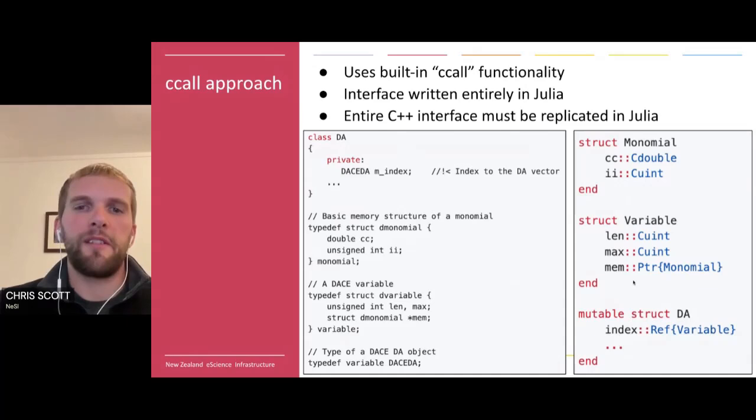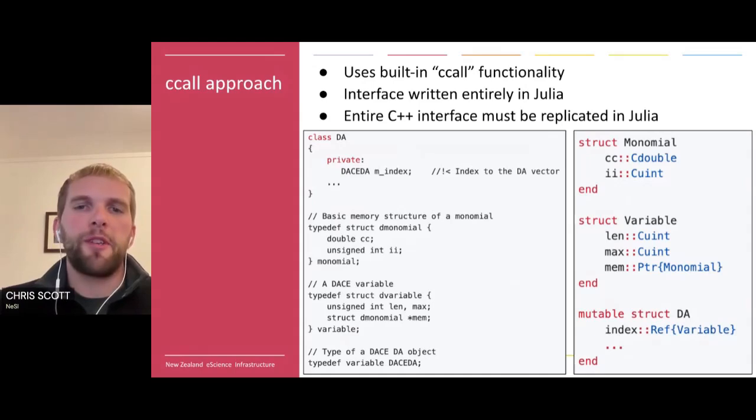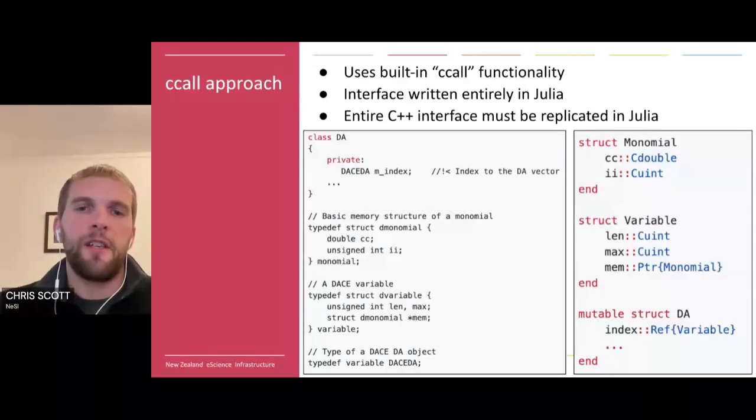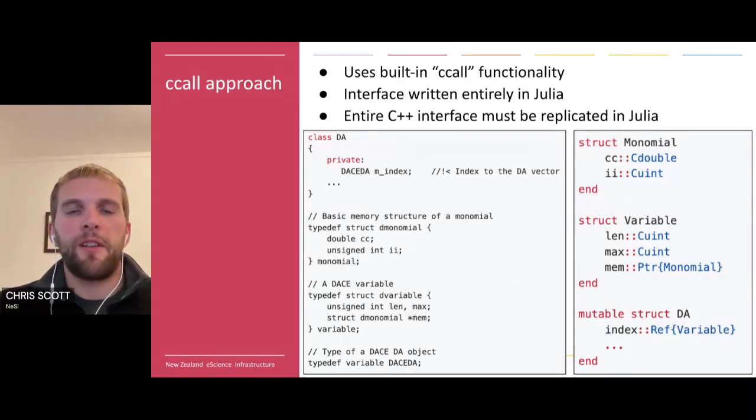The types are equivalent. And the reason we use a mutable struct in Julia is because when we create the struct, we have to allocate some memory in the C routines, and the mutable struct allows us to attach a finalizer, so that when the DA object gets garbage collected in Julia, we'll be able to call the C routines to free the memory that was allocated in C.